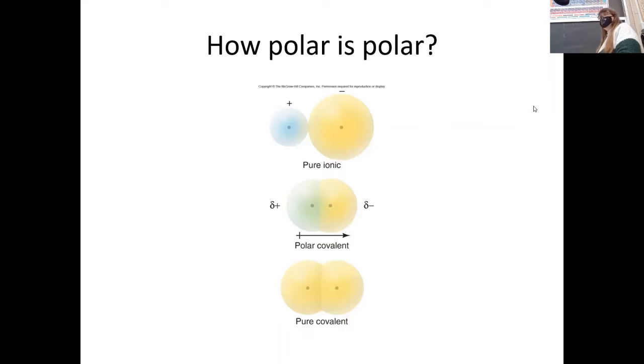Nonmetals tend to form anions, and since it's more electronegative, it's just going to hang out over there and not spend any time at all over on the positive. So that would be purely ionic. And the reality is there's no such thing as purely ionic. That electron's going to be at least a little bit attracted to the positive on the other side.